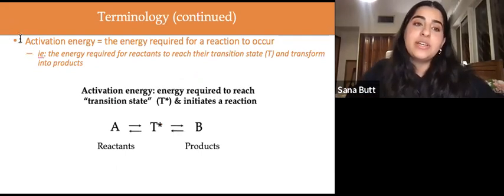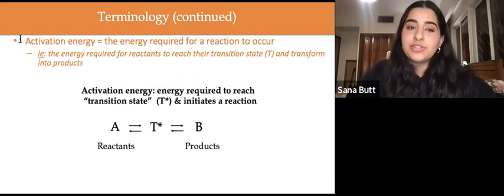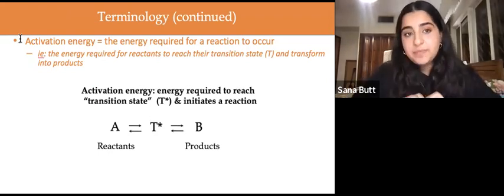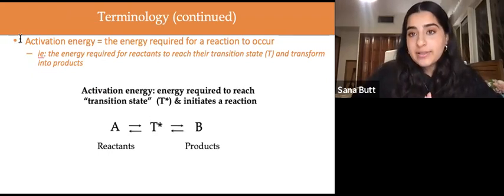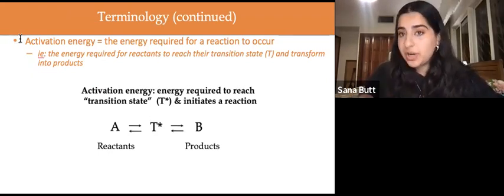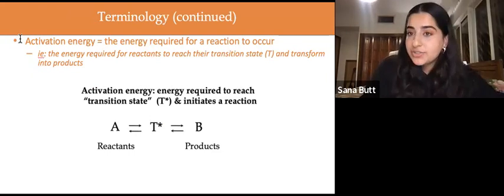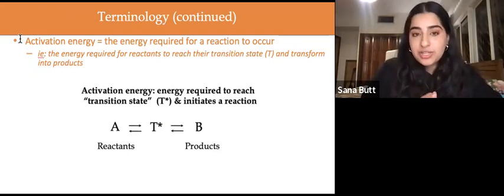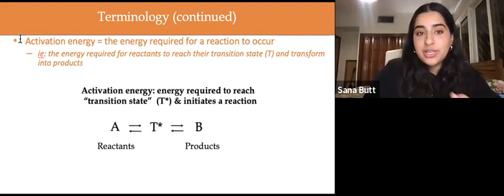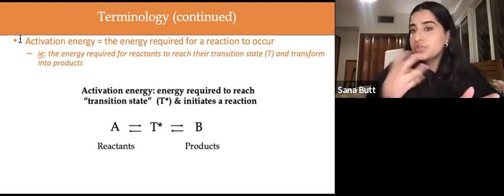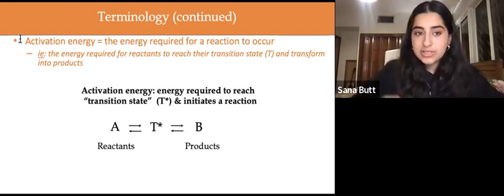Moving on with terminology, activation energy is the energy required for a reaction to occur. It's also known as the energy barrier. We can also understand this as the energy required for reactants to transform into products. But before a reactant transforms into a product, it needs to reach the reactant's transition state, which is a certain level of energy at which the reactant can actually transform into a product.